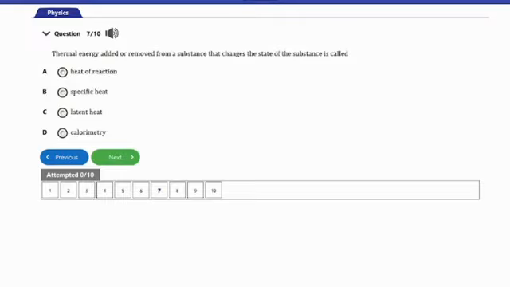The next question here is question number 7. It says thermal energy added or removed from a substance that changes the state of the substance is called A. Heat of reaction, B. Specific heat, C. Latent heat, D. Calorimetry. So guys, the answer to this question is option C here, latent heat.